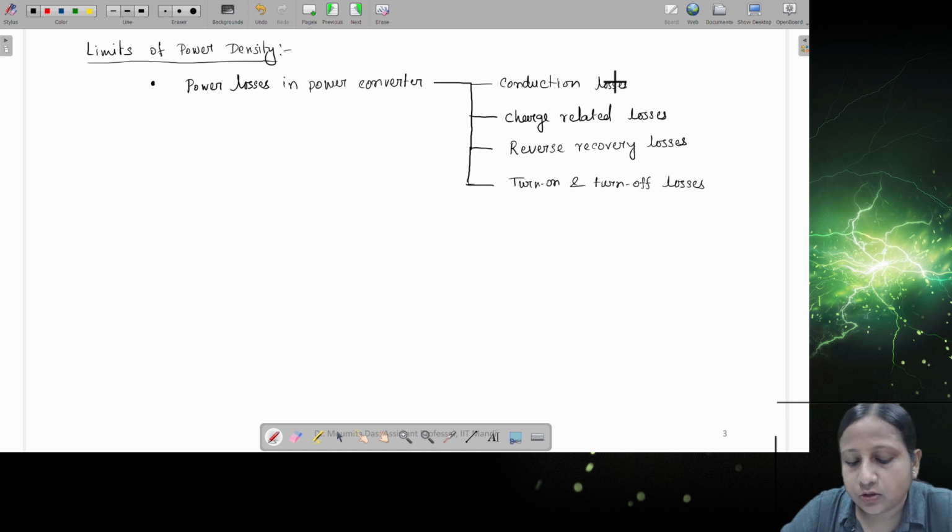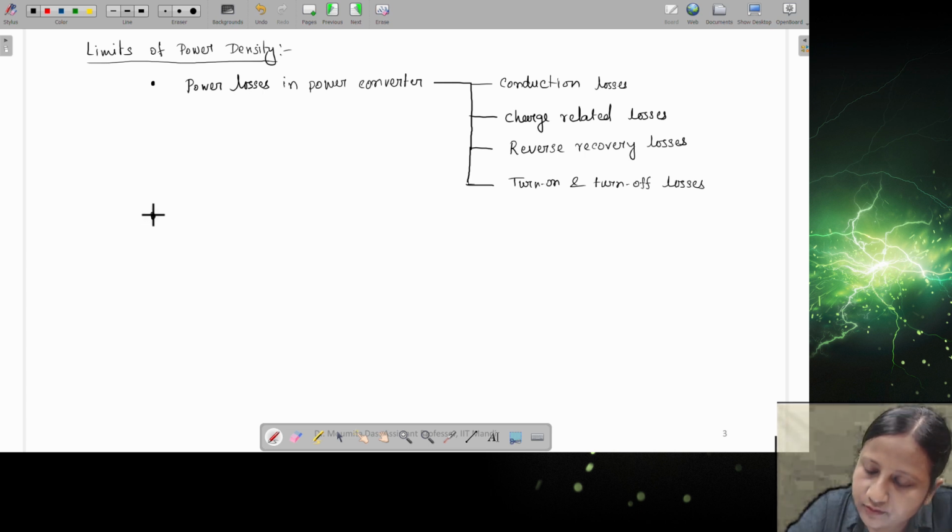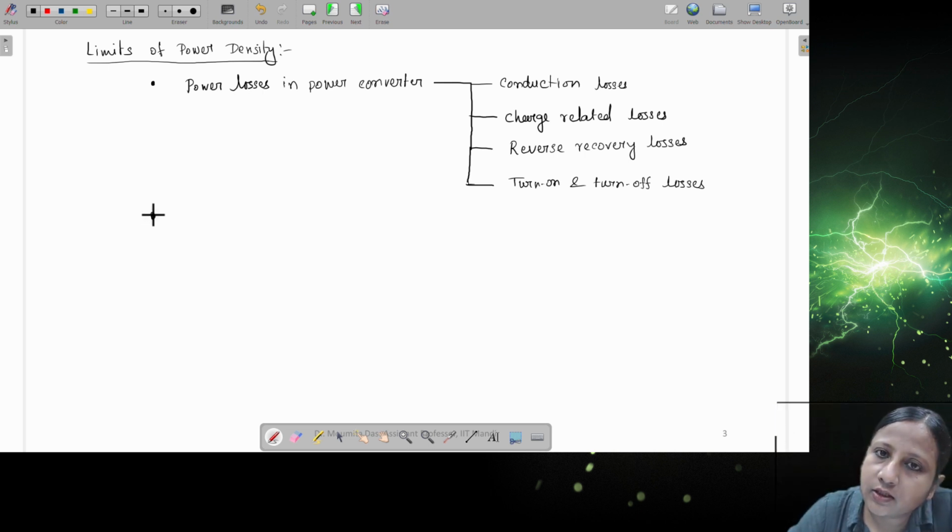Now what are the other problems? These losses will generate heat in the system. In order to reduce that heat, we need to use a heat sink or some method, or we can increase the size of the system so that the surface of the system will be much wider and it can dissipate heat easily.